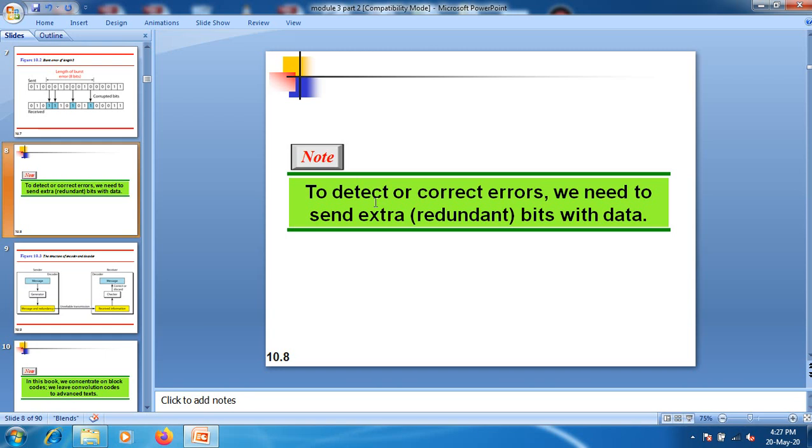I need to know the exact position, which bit is the corrupt one, so we need to check all the possible cases. I think you have gone through permutations and combinations. In that case, I need to check all 8 possible positions.